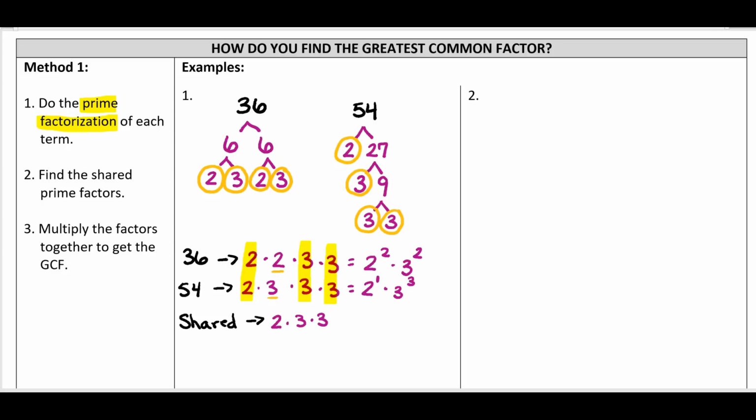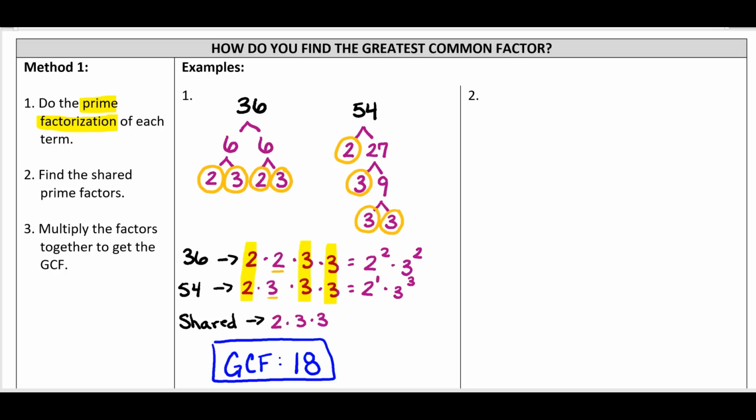So now all we have to do to find our greatest common factor, or GCF, is multiply 2 times 3 times 3, which is 18.